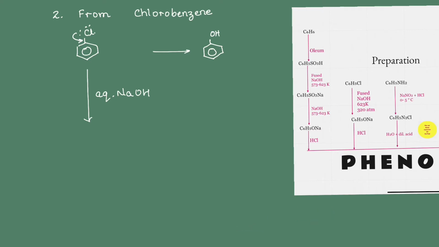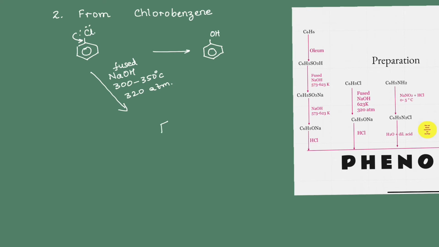So, if we can't do this, how do we convert chlorobenzene to phenol? Yes, again, if you go back to what we did in the previous reaction, we fused it with sodium hydroxide. So, go ahead, fuse it with sodium hydroxide at high temperature. Yes, the conditions are extreme. You are using high temperature and fused sodium hydroxide in order to convert, and of course a high pressure as well.